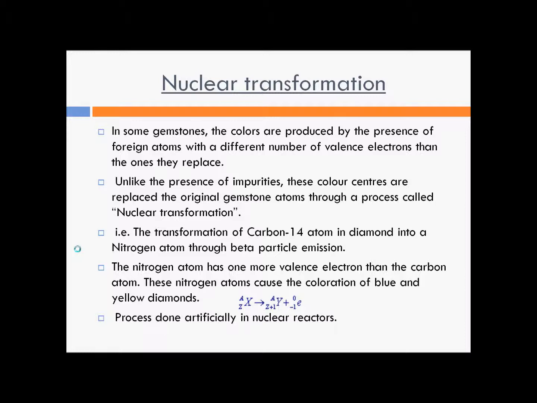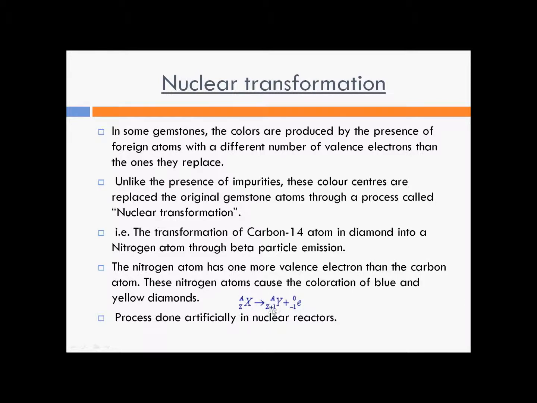My friend Amir Reza explained this process, but what he didn't mention was that these color centers are often produced by nuclear transformation. An example of such a transformation is the change of a radioactive carbon-14 atom in diamond into a nitrogen atom through beta particle emission. To recap, for those of you who don't remember what beta particle emission is, it's when an element X, with the atomic number Z and the mass A, is transformed and produces the element Y, and the process takes place when a neutron is transformed into a proton.